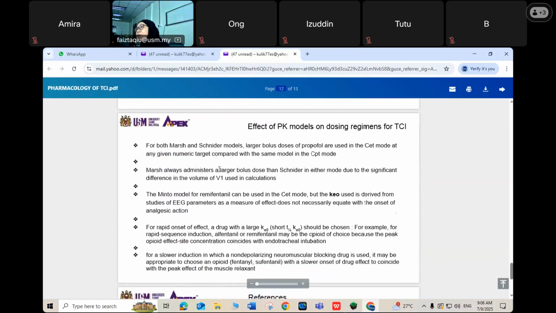So for both Marsh and Schneider, the bolus dose of propofol used in the effect site target model, if you compare to the plasma target, kalau you compare dengan plasma target, dua model ni memang akan bagi large volume.